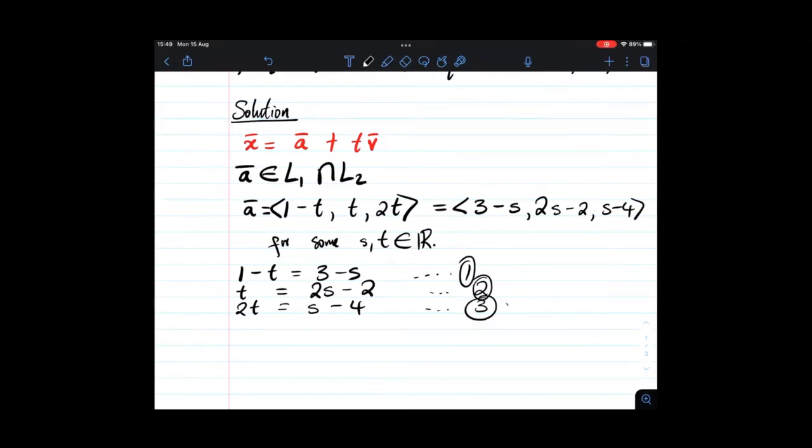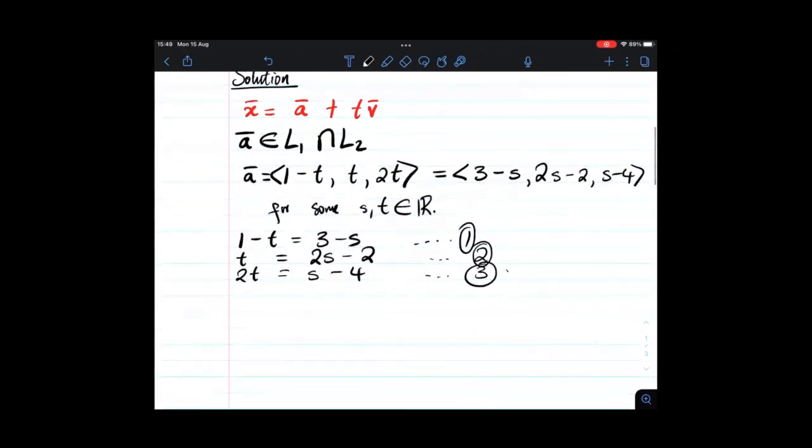Right, and then we solve for s and t. You can use whichever you're comfortable with, but I can say from 2 and 3, I can see that t is equal to 2s minus 2. So I can substitute t for 2s minus 2 in the third equation.